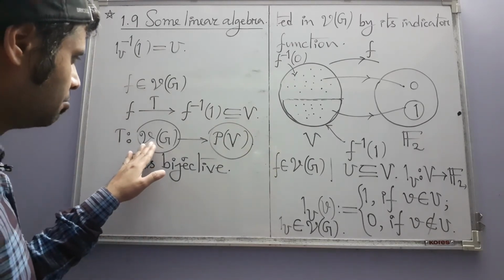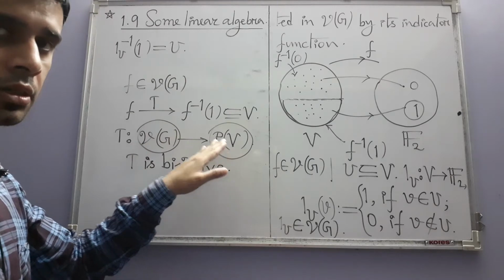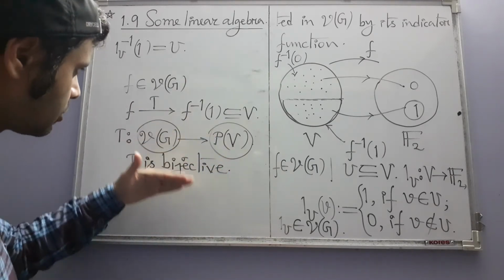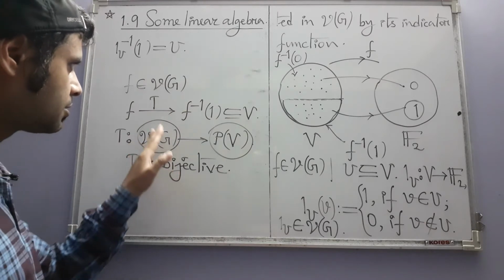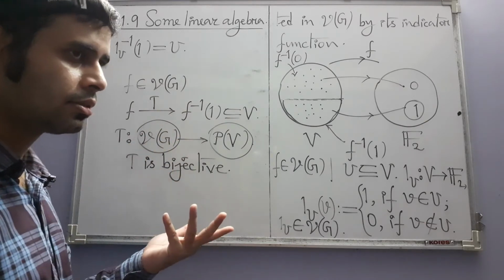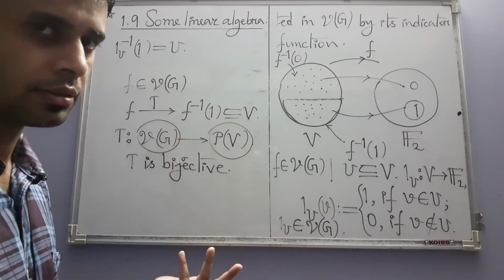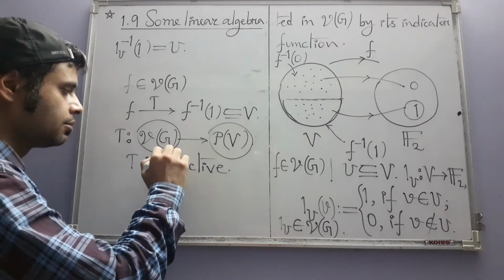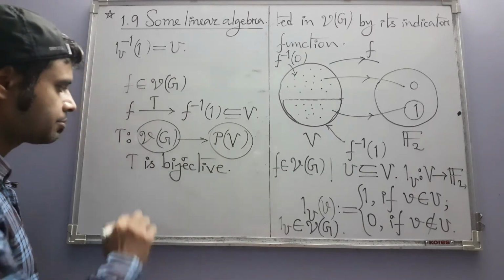Now, between the vector space and the power set of V, where the vector space is just a set, in this correspondence T, the operations in nu of G have not made any appearance. There was no need. However, can we extend things now?